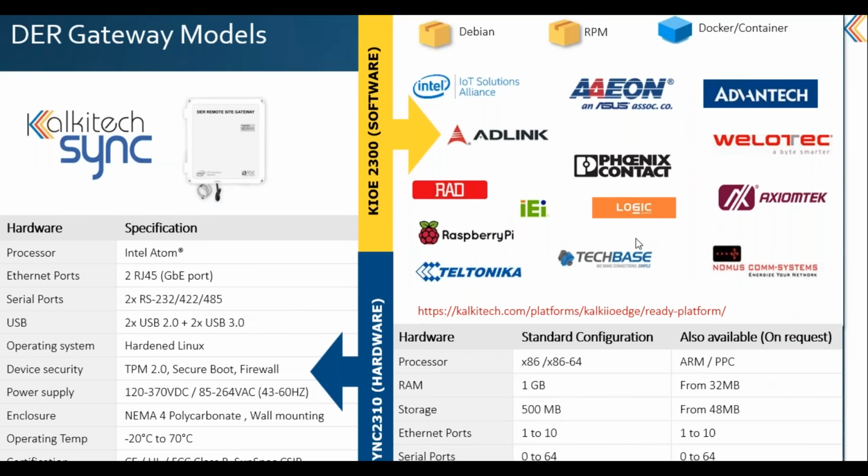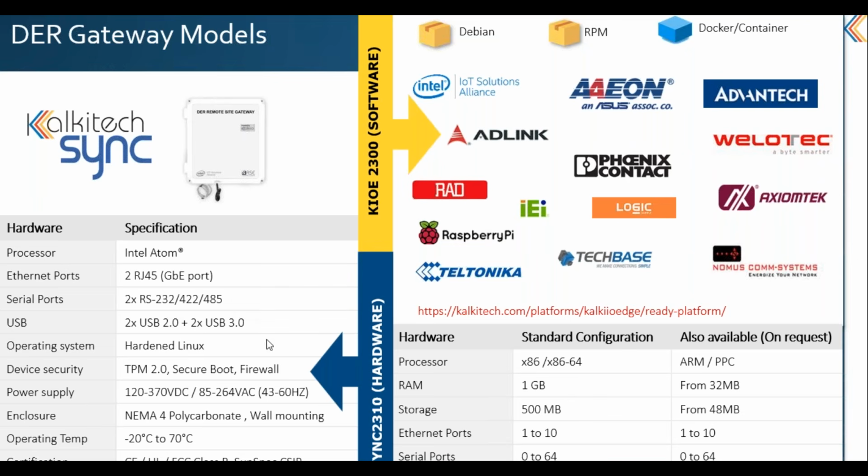Let's look at the details of the gateway models. This is the hardware model, the Sync 2310 hardware, which comes with an Intel Atom processor with 2 Ethernet ports to connect with the field and other devices, and there are 2 serial ports, RS-232 or RS-485, which can also directly connect with the DR assets in the field.